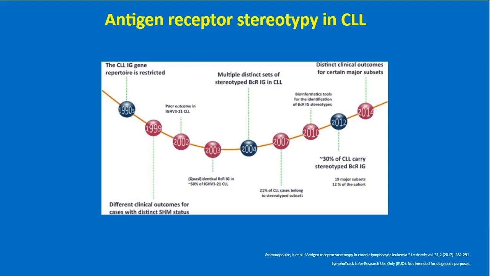Now 21% of CLL cases belong to stereotyped subtypes, and 30% of CLL may carry an overall stereotyped B cell receptor. And by 2014, more studies showed clinical outcomes with the major subtypes.